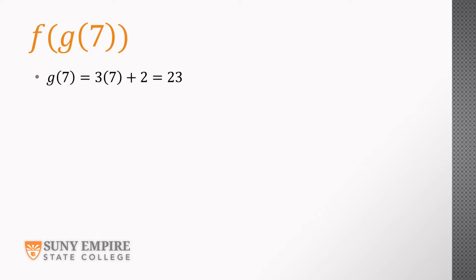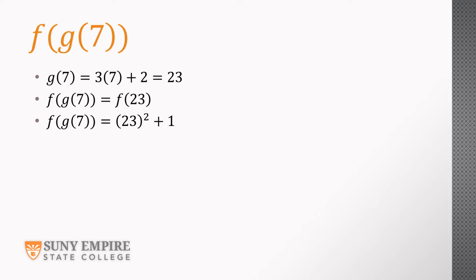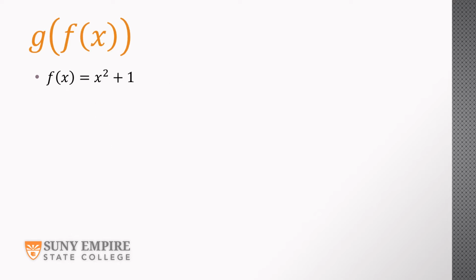We plug in 7 for x, giving us 3 multiplied by 7, plus 2, which is 23. Next, we plug that 23 into function f. We have 23² + 1. Completing this work, f(g(7)) equals 530.